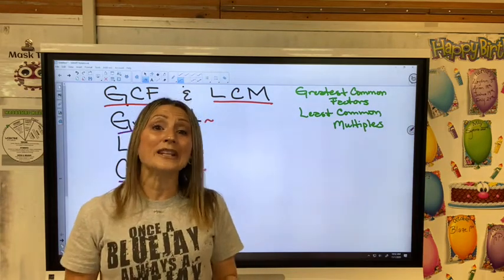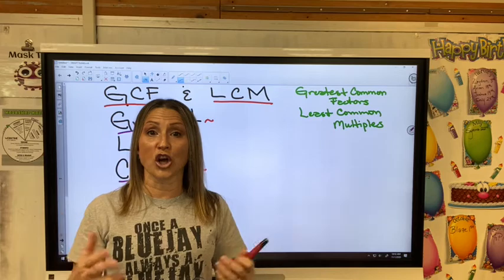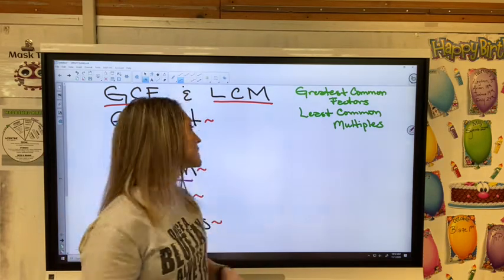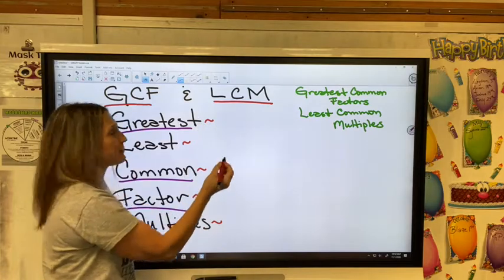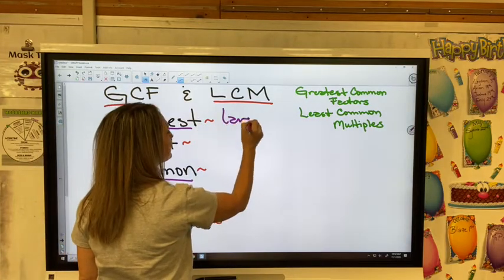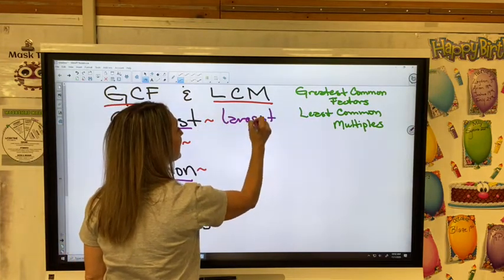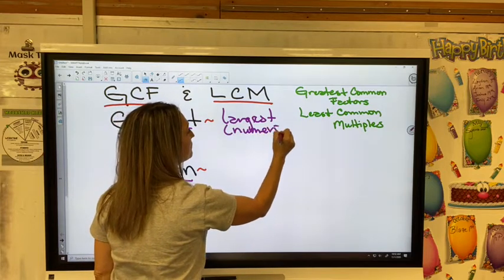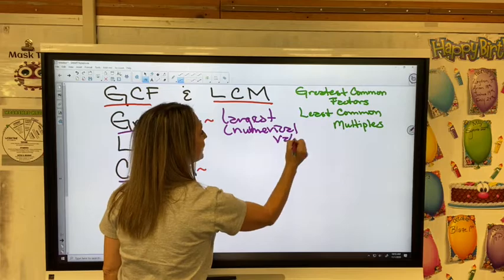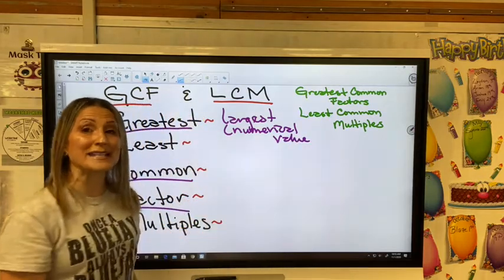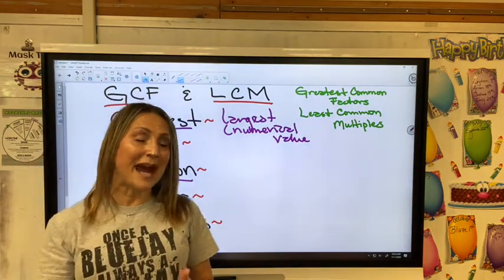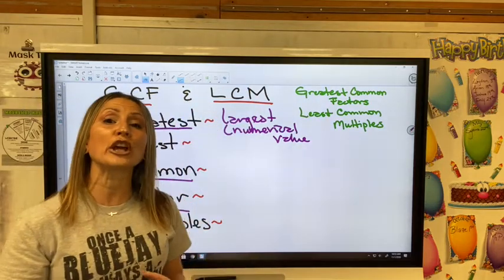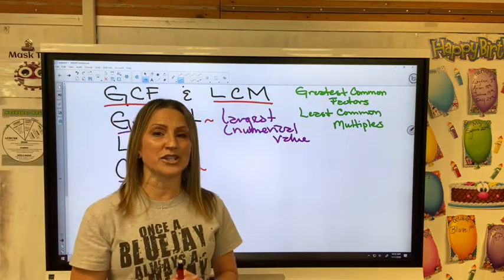In mathematics, greatest means the largest or the most value when we talk about numerical items. So greatest, of course, in mathematics is the largest. And for us, we're thinking largest as in numerical value. Numerical value. That is what greatest means to us in mathematics. So when we think about greatest common factors, we're looking for the greatest number we can receive.